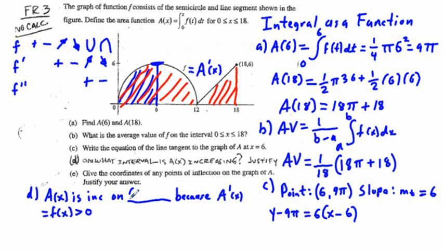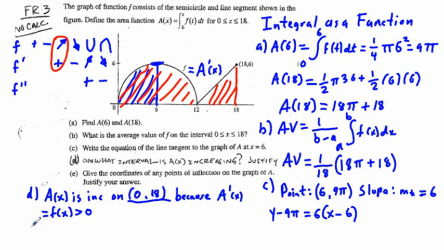So we will say increasing on the interval 0 to 18. And then you can separate it out, you can go 0 to 12, 12 to 18. So that's the rationale. So we see f, I'm going to circle this, f is positive where that's increasing, what I circled there.